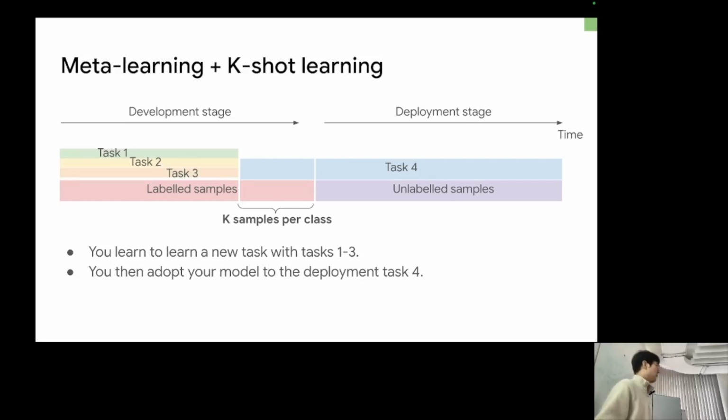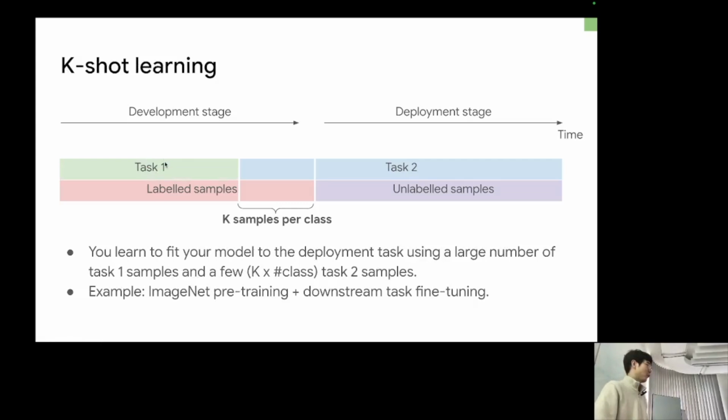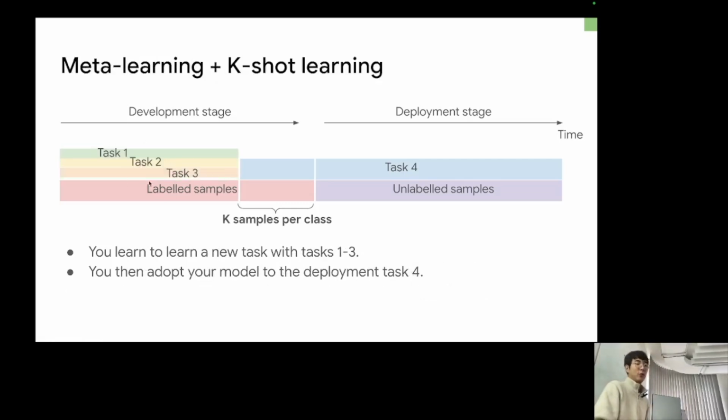There's something called meta-learning. What is meta-learning, right? It's a fancy name for something simple, I would say. In the previous case, you just had one task for pre-training your model, but now you wish to introduce n different tasks for pre-training. It's like domain generalization as well, right?